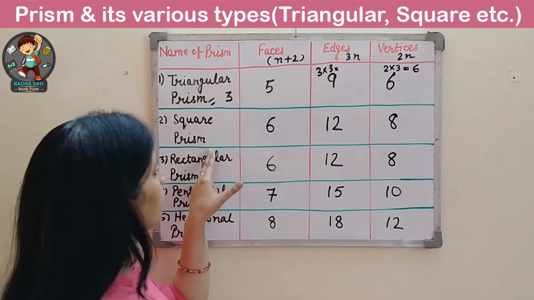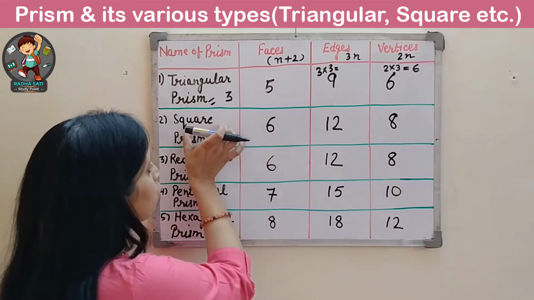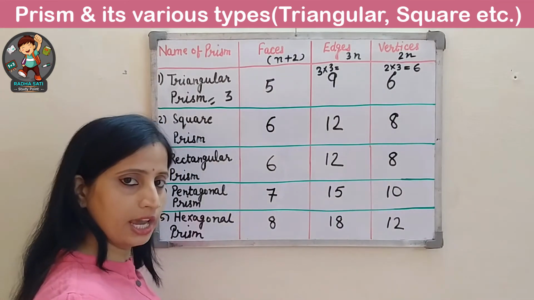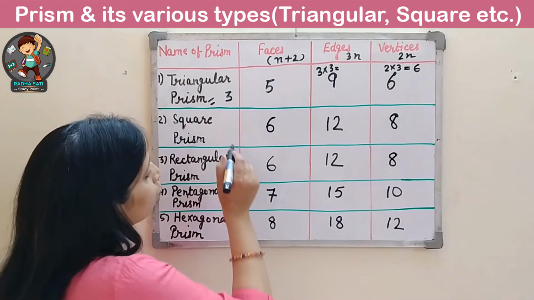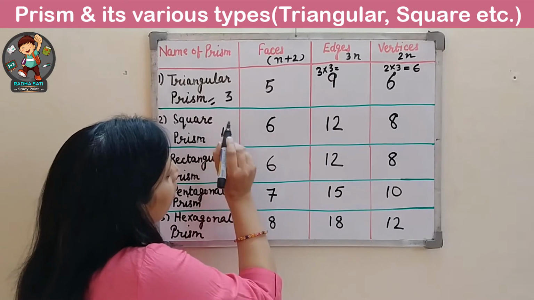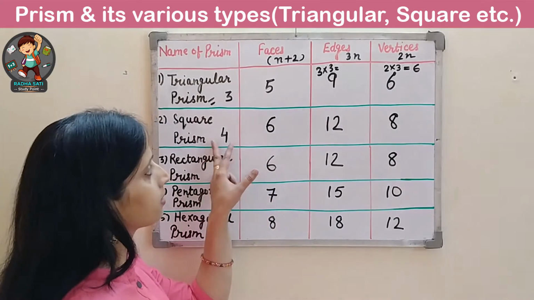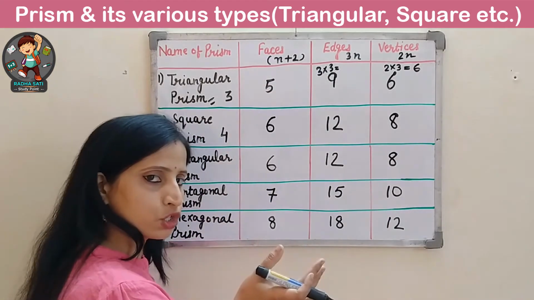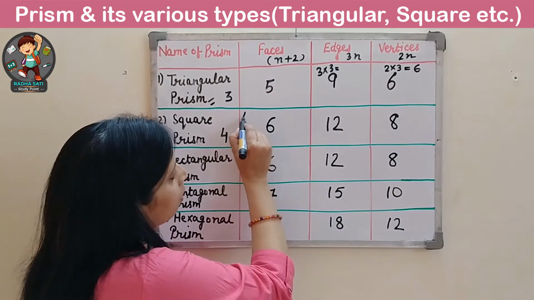Like in a square prism also we can check. In a square prism, the top and the bottom faces will be square in shape. And we know that a square has 4 equal sides. Then the number of faces will be, we know the formula n plus 2. So 4 plus 2, 6.